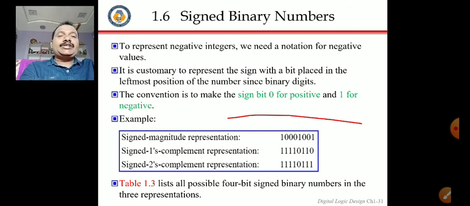The convention is that the sign bit is 0 for positive numbers and 1 for negative numbers. So that is the sign bit. For example, all these numbers are negative numbers, with the sign bit and the magnitude part. So the number has two parts, the sign bit and the magnitude part, that you have to remember.